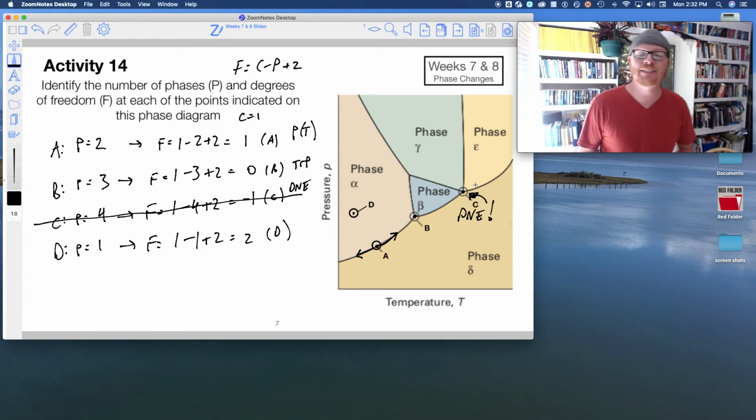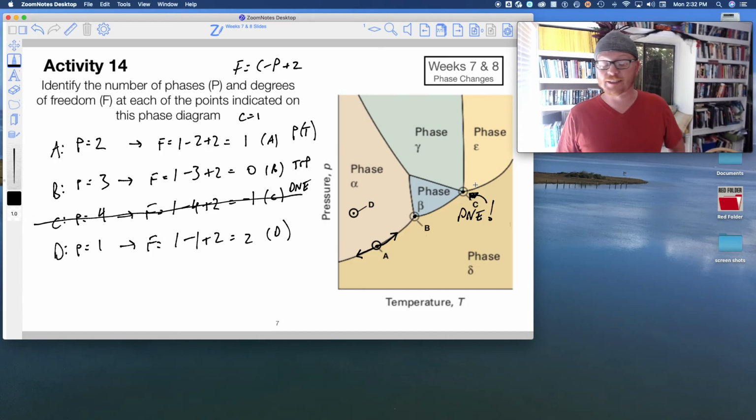As we learn from the Gibbs phase rule, you cannot have 4 phases in equilibrium. We can have 3 phases in equilibrium, but we cannot have 4. It does not work.